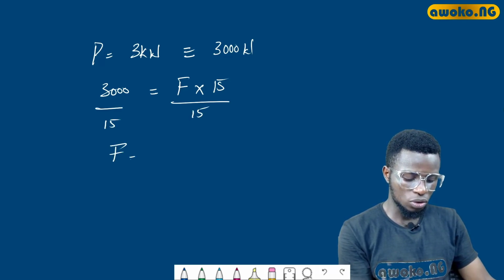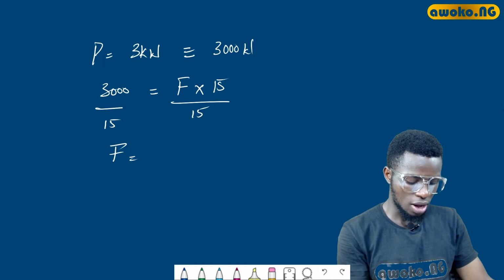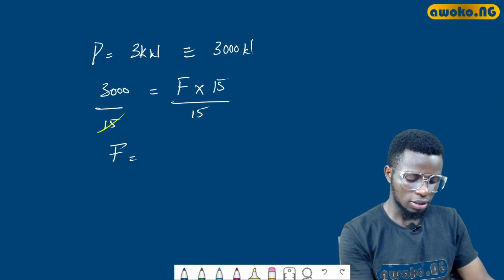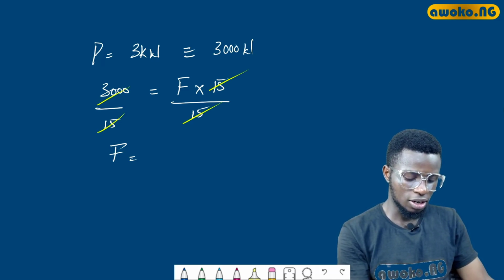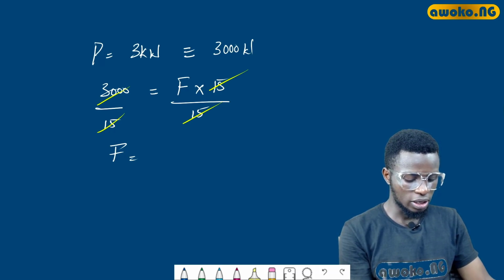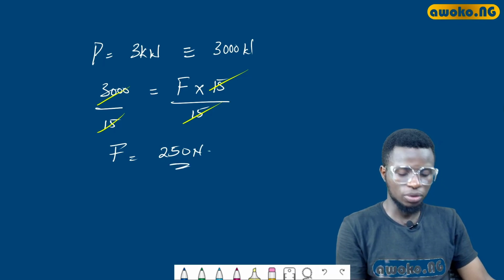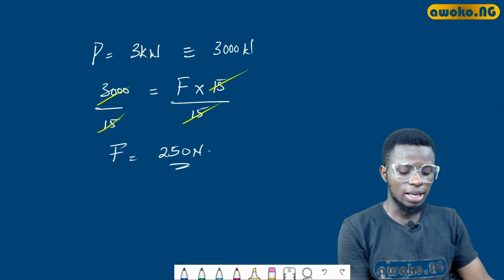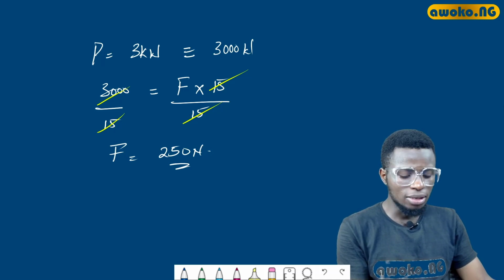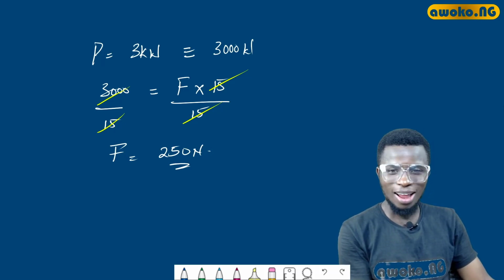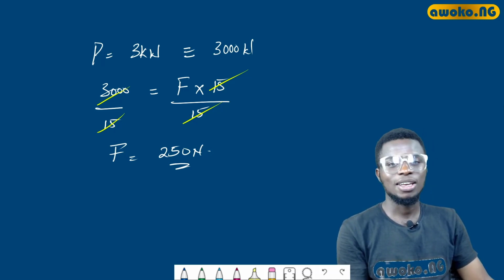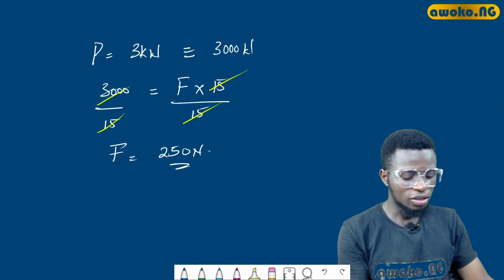So the force will be equal to 250 Newton. So the force that is resisting the motion of this car along the straight line is 250 Newton.